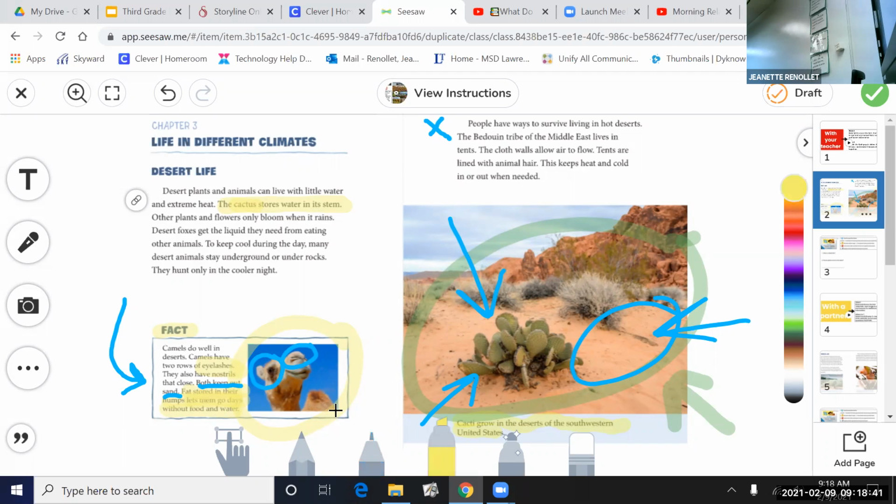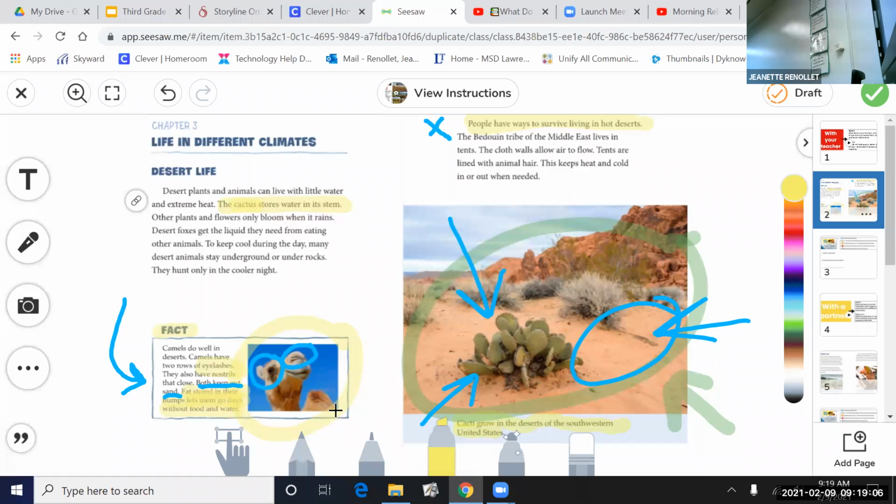So Angela found that there are people that live in hot deserts. And we know that deserts can sometimes be cold, right? And sometimes people live there. They have ways of surviving just like animals.